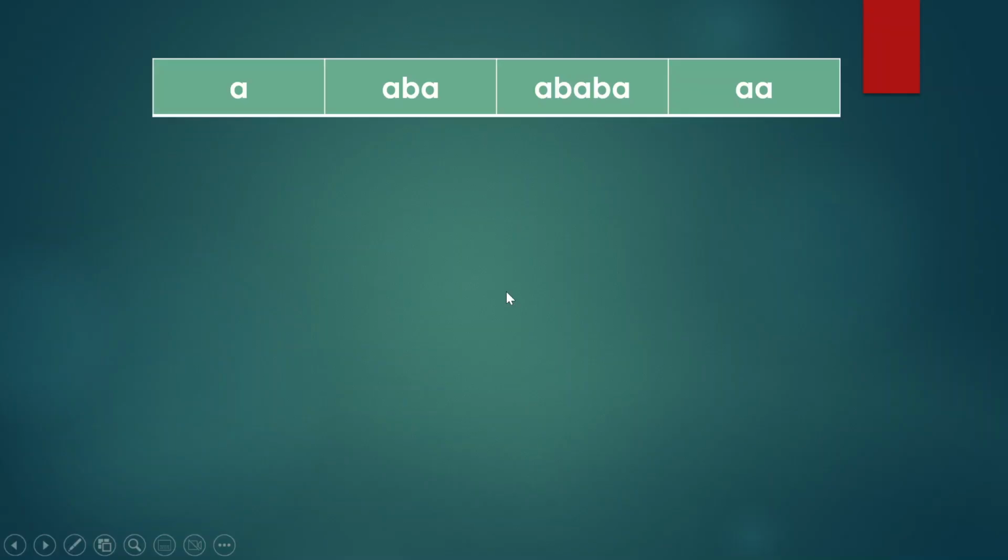So here I copied the same example, which is A, ABA, ABA, and AA. And after that we initialize, like this is a zero index, so I initialize it from 0, 1, 2, and 3.